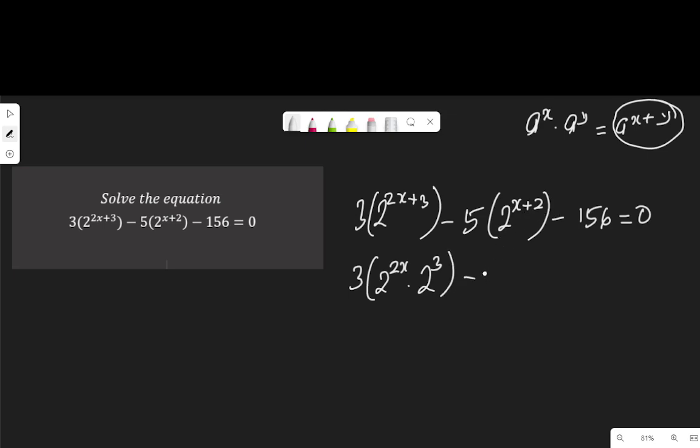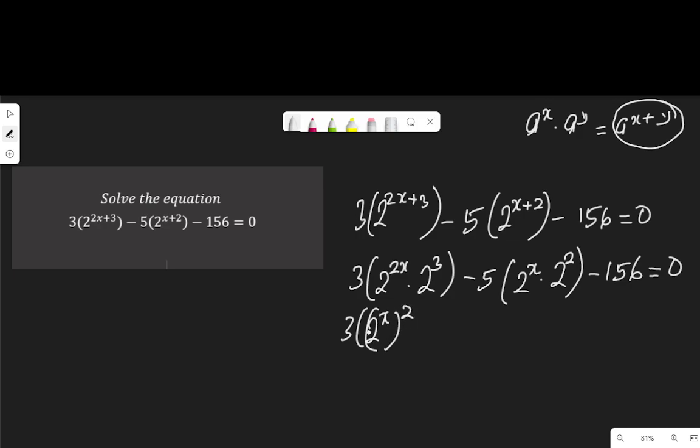So I'll have 5(2^x multiplied by 2^2) minus 156 equal to 0. And this first term here, 2^(2x), can be written as (2^x)^2.